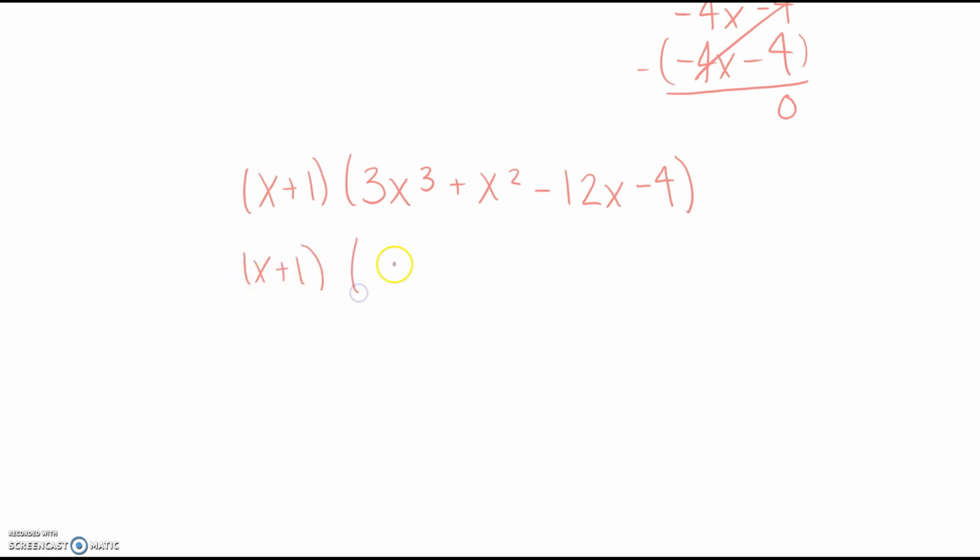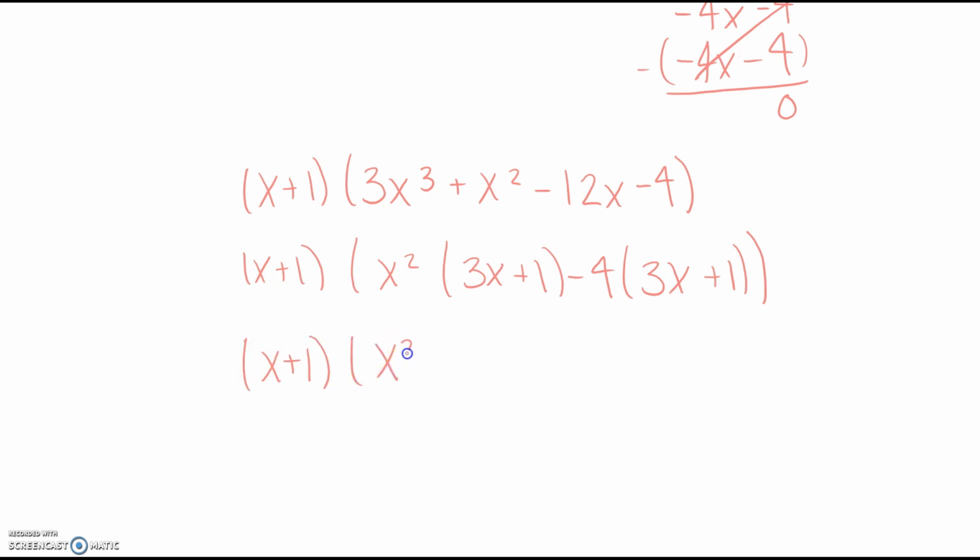So I'm going to factor out an x squared. And I'm left with 3x plus 1. Here I'm going to factor out a negative 4. And I'm left with 3x plus 1. So my factors are x squared minus 4 and 3x plus 1.